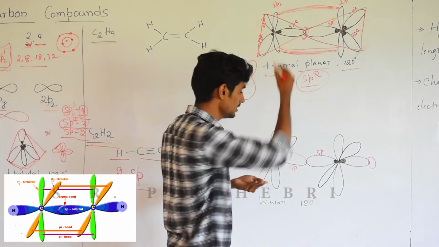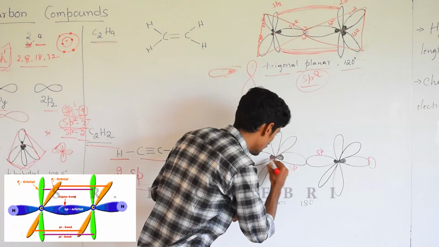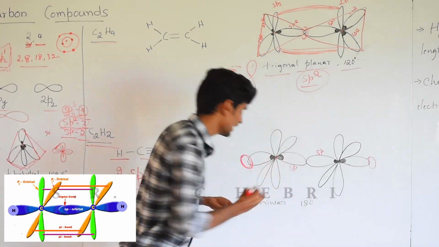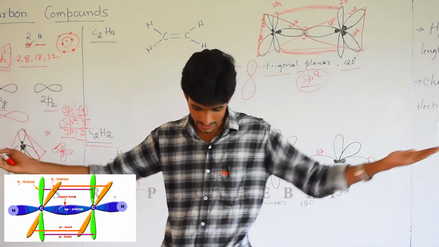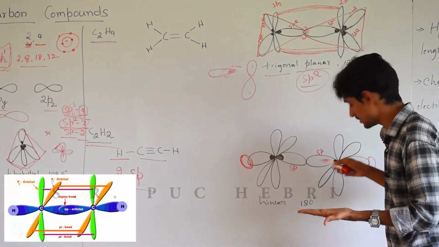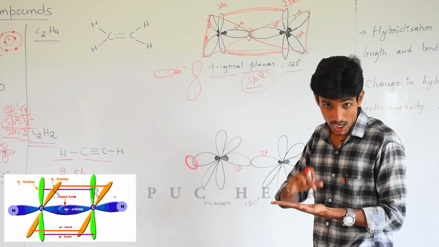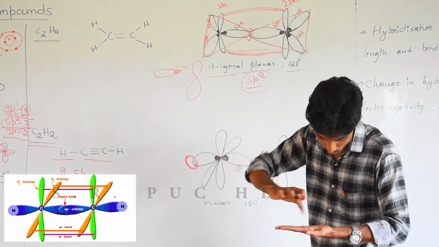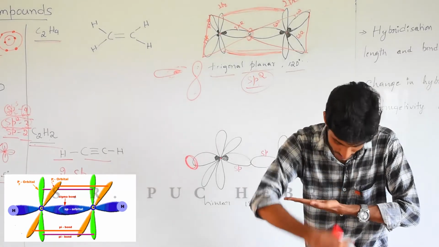One is present along this line, and one more at another angle. If this is the line of carbon and carbon, they combine with each other. One unhybridized orbital will be present like this, with one lobe above and one lobe below.